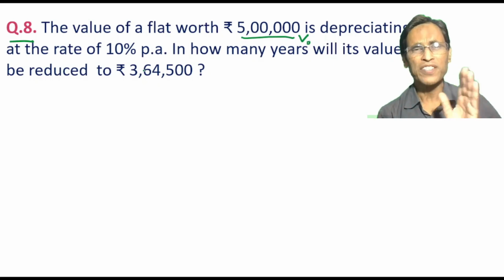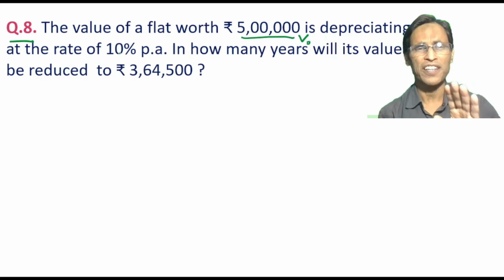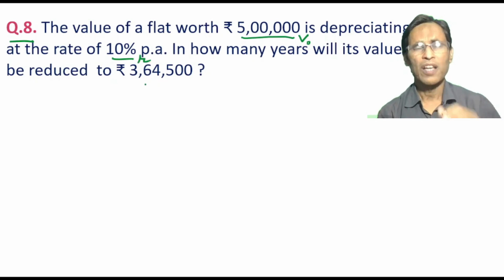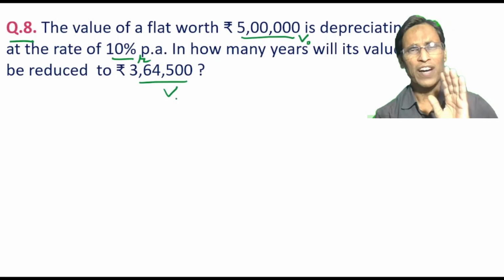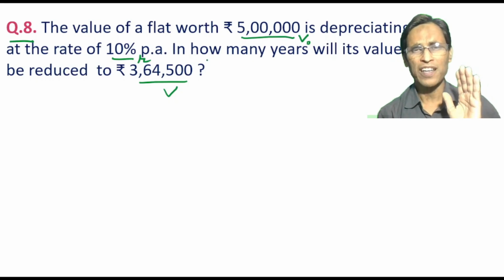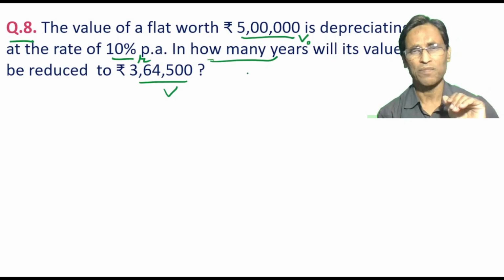The rate by which the value of the flat is depreciating is 10%, so it is the rate of depreciation, that is R. The final value of the flat is rupees 3,64,500, so it is V. In how many years it is being asked, and so the number of years is to be found.